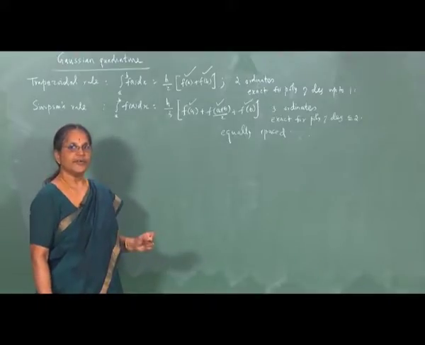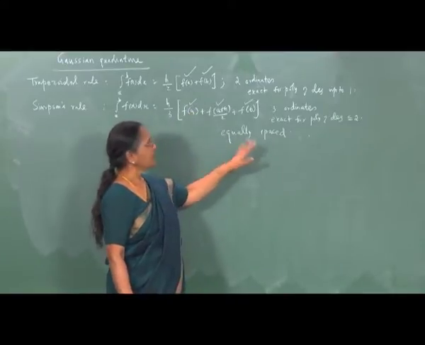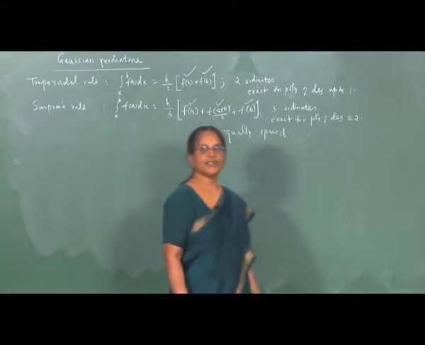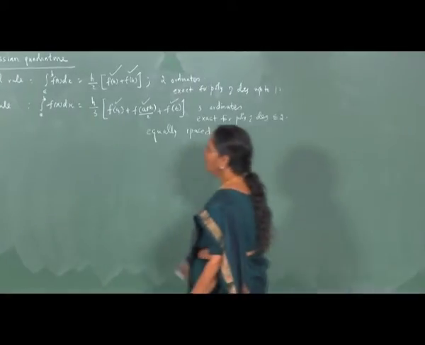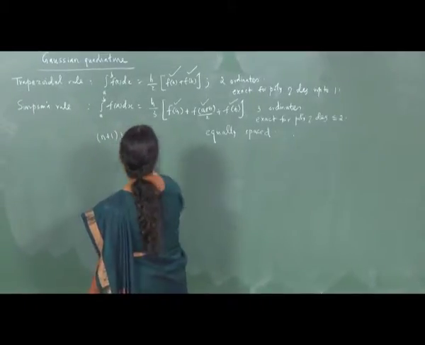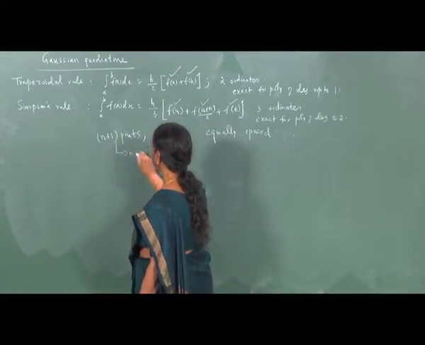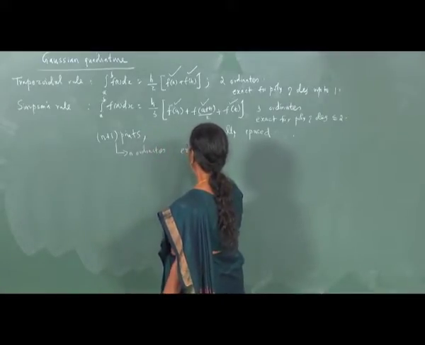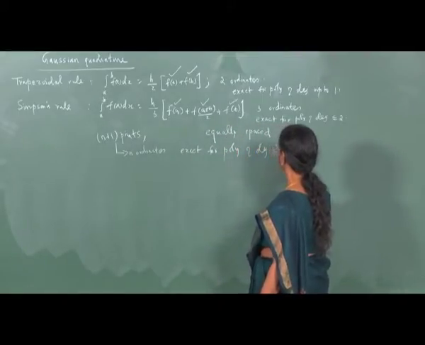In addition, we know that these methods have been derived using equally spaced points, and the Newton-Cotes methods are such that if you are given information at n plus 1 points, then you are able to obtain an integration method involving n ordinates, and the method is exact for polynomials of degree less than or equal to n.